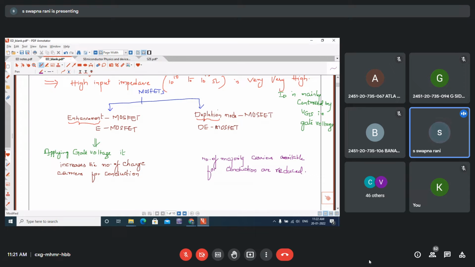That is why it is called depletion. Depleted of mobile charge carriers means reduced, removed. In one the number of charge carriers for conduction increases, whereas here the carriers which are present initially are reduced. That is why the name depletion MOSFET.